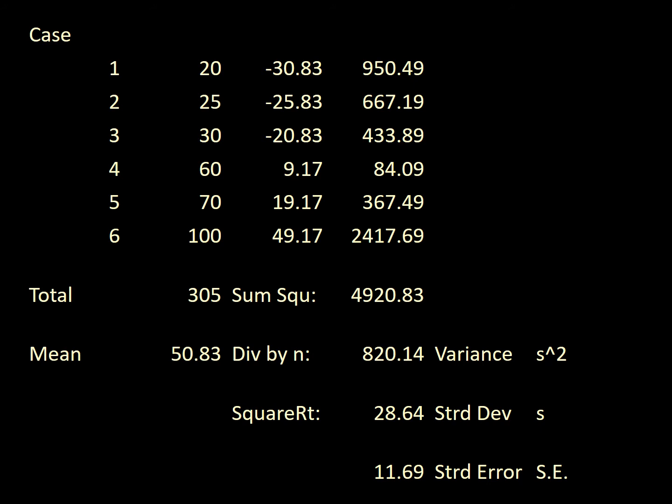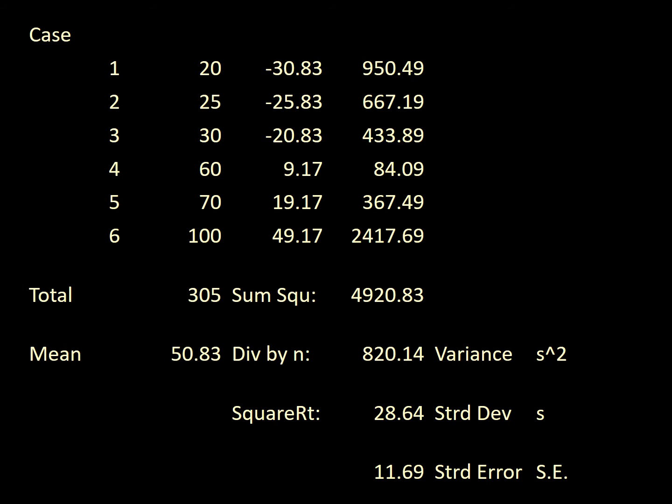In step 5, we divide the sum of squares by the number of cases. This is going to give us the variance. Now, it depends if we're using the variance for the population or the sample. If we're doing it by the sample, we would divide by n minus 1. We do this because we want to be more conservative.